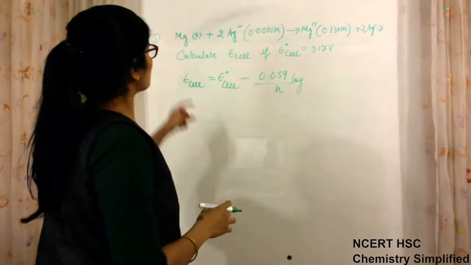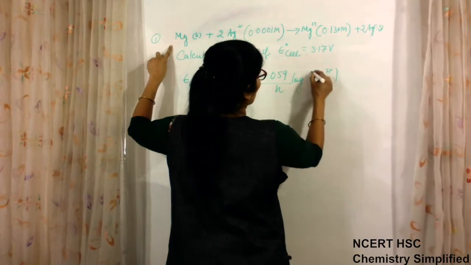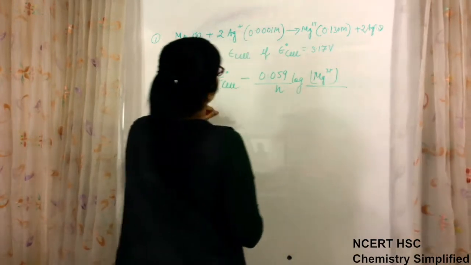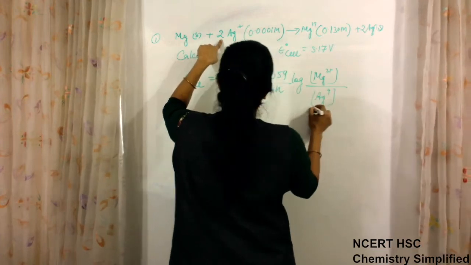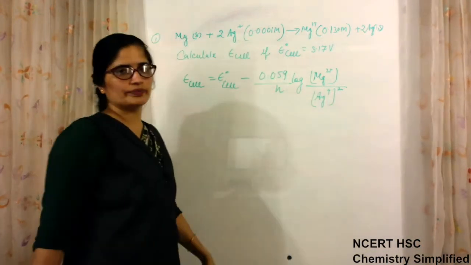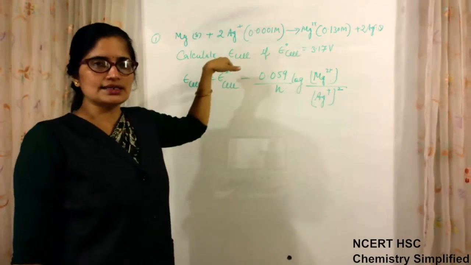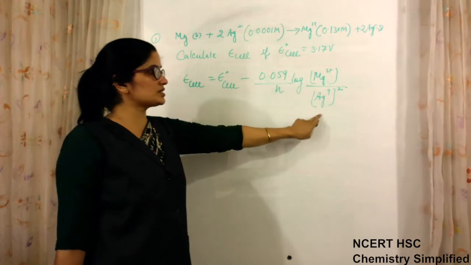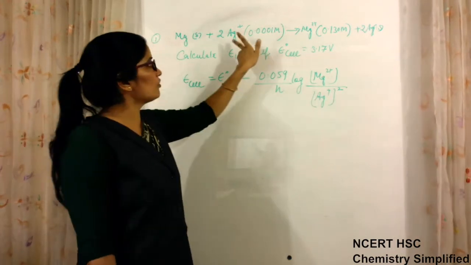The oxidized ion here is Mg, so Mg2 positive ion concentration upon reduced ion Ag positive concentration, but the number of moles is 2, so raised to power 2. Here it is not important in the cell representation, but it is very important in the calculation to raise the power with the number of moles.